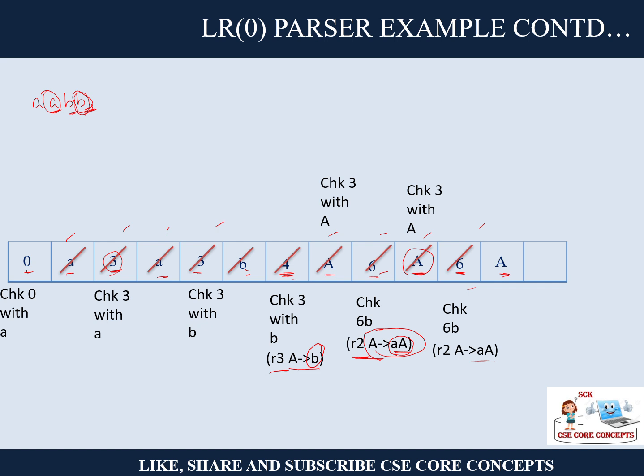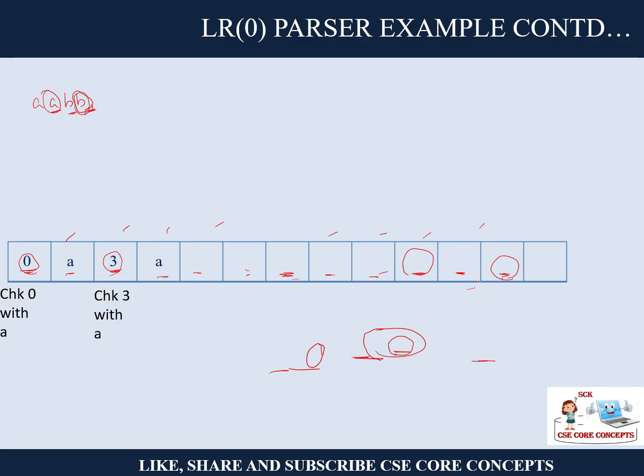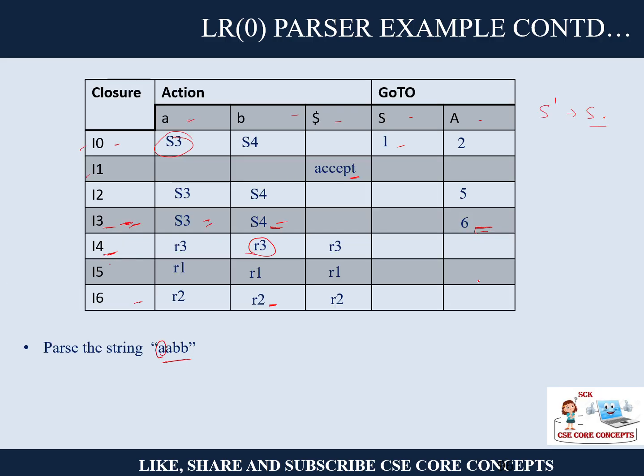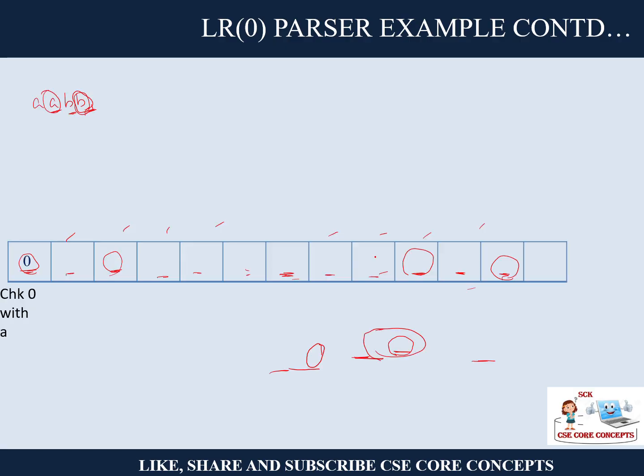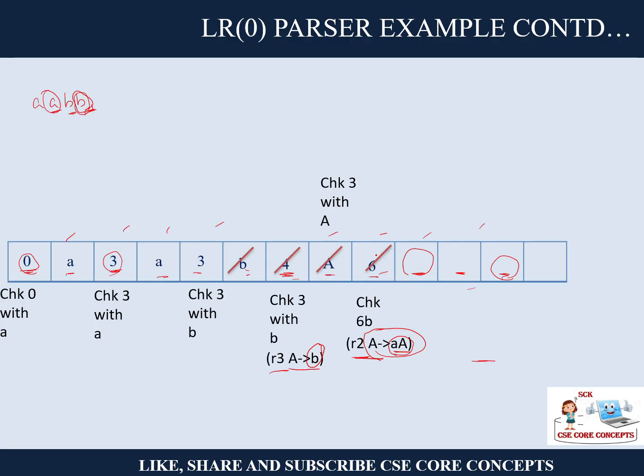Now you have to check the top of the stack, that is 0 with your capital A. What is 0 with the capital A? Let's see. Closure 0 on non-terminal A is 2. So you have to shift 2. So you have to place 2 over here, right? With A you are placing 2. Now you check closure 2 on B. Understood?